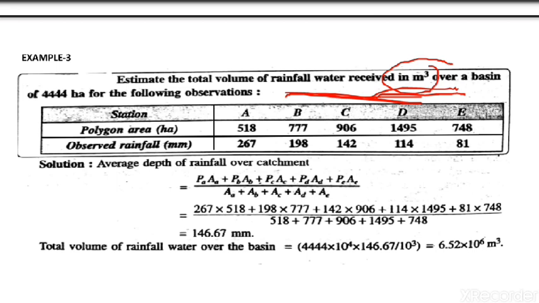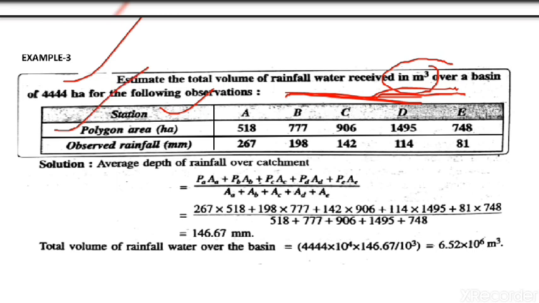Okay, over a basin of 4444 ha, that means hectare, which is the area of the basin, the following observations are given for stations A, B, C, D, E. Here the total number of stations is given and the names of the stations are A, B, C, D, E. Sometimes in many questions the designation of the stations is given in the form of 1, 2, 3, 4.